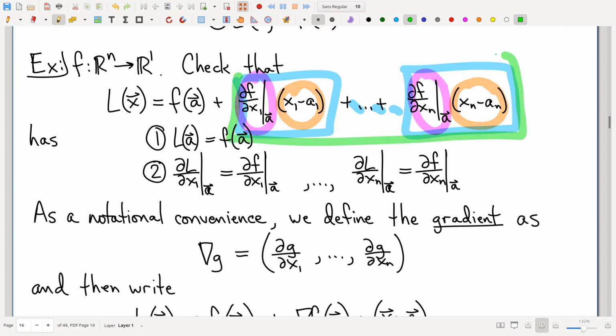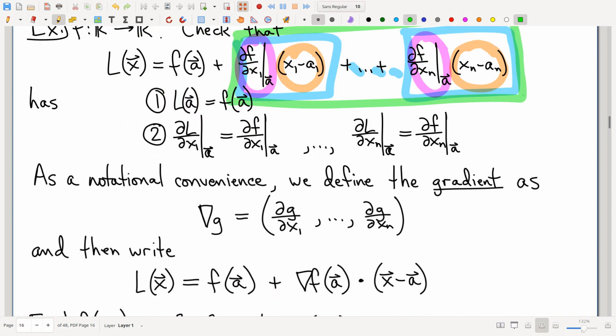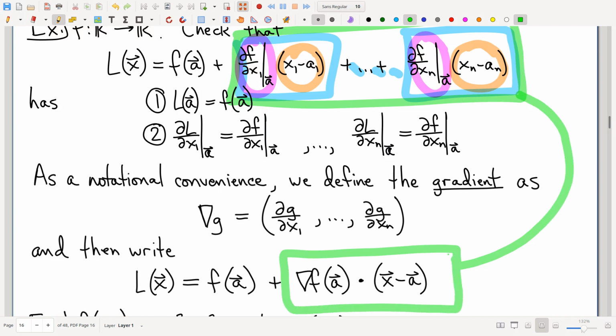And that might lead you to notice that if we look just at what you might call the last terms there, all of these last terms I can rewrite as a dot product. If you think about it, that's what a dot product is. A dot product is a sum of products. As we just recognized, what I have up here in green is a sum of products.